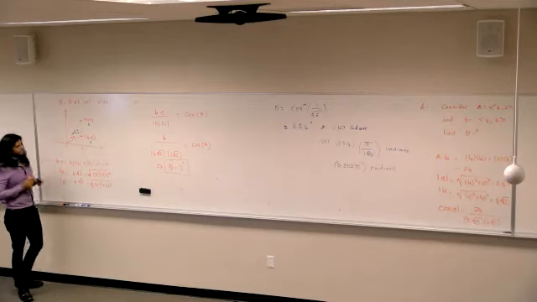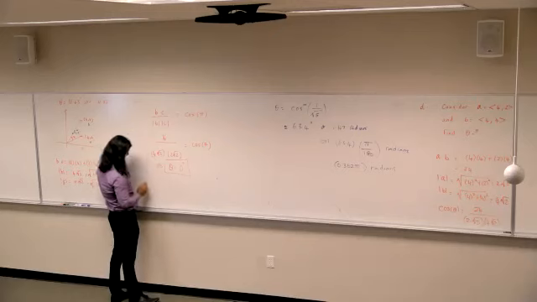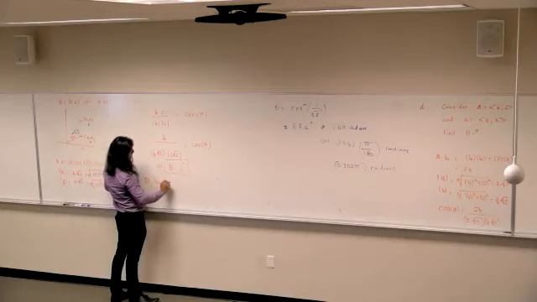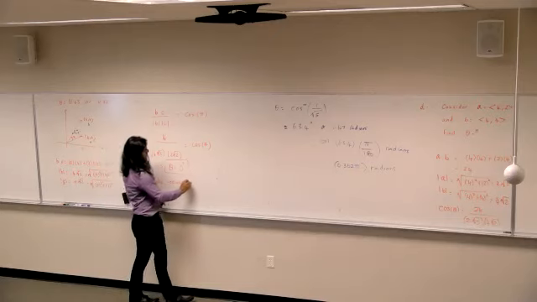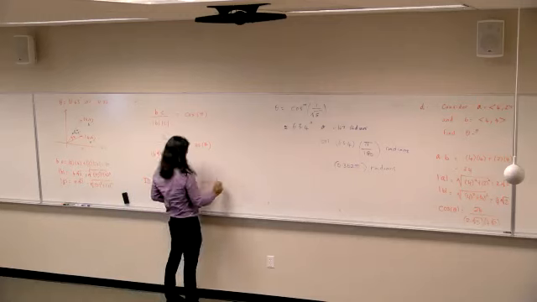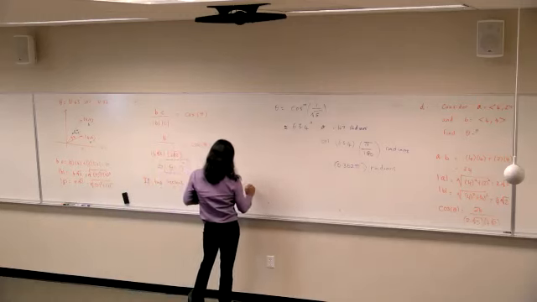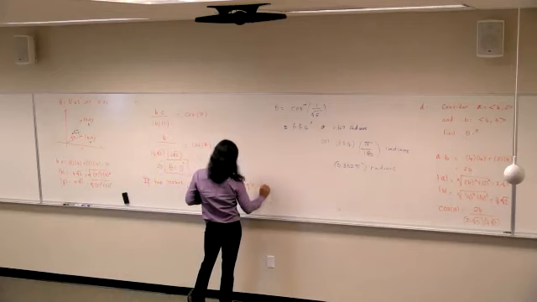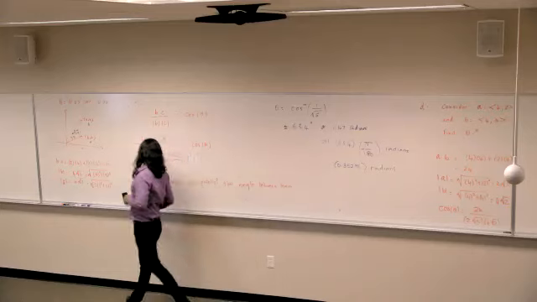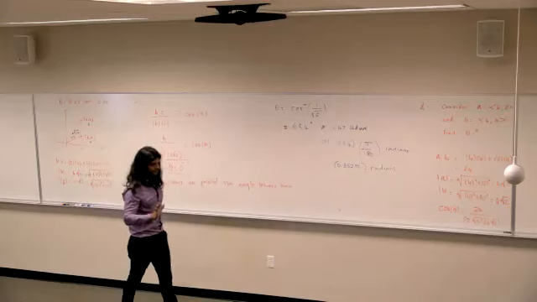In general, if two vectors are parallel to each other, the angle between them is 0 degrees.